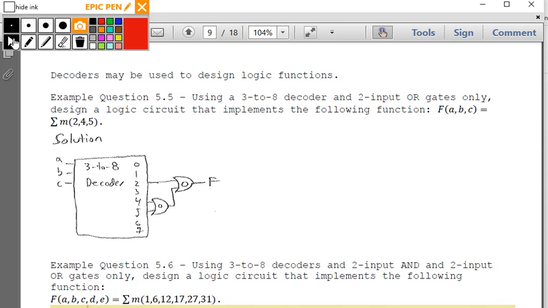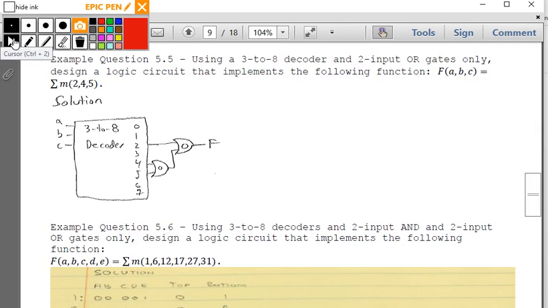So I've drawn a second example where the min terms is 5 inputs, and I'm still only using 3 to 8 decoders, and I'm still using 2-input ORs only. But my min terms in 5.6 are 1, 6, 12, 17, 27, and 31. So this is where it starts getting more complicated.